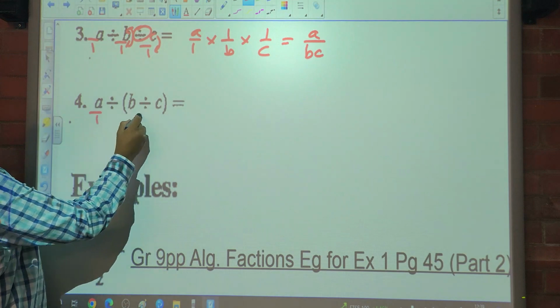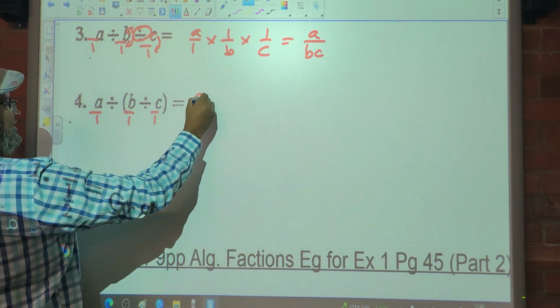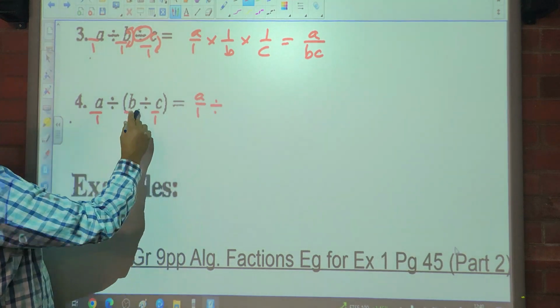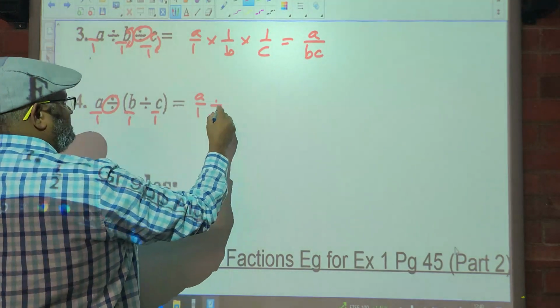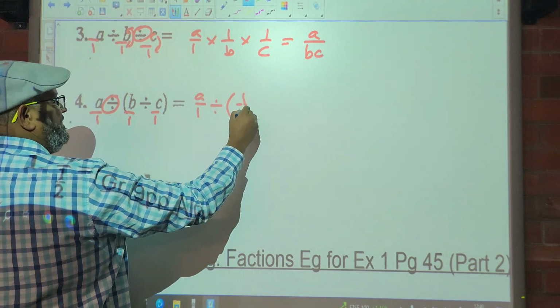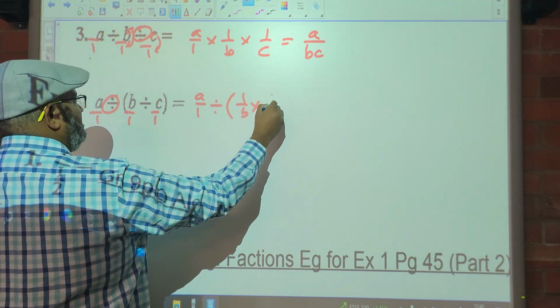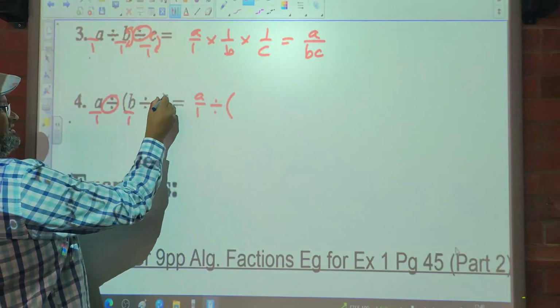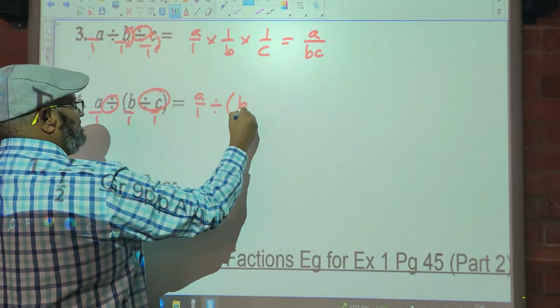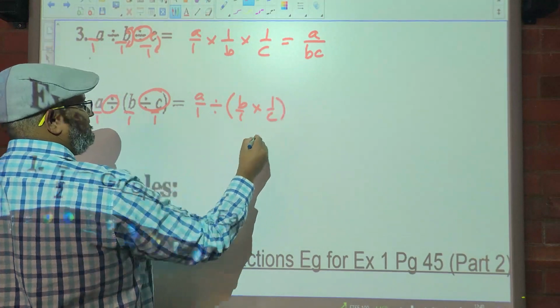As we know, that's naturally over 1. So it will be a over 1 divided by. The only time you can swap this around, and that to multiplication, is if it's one fraction. That will simply be in brackets 1 over b times 1 over c. Whatever follows the division will swap around. So it's only that one that needs to swap. It's b over 1 multiplied by 1 over c.